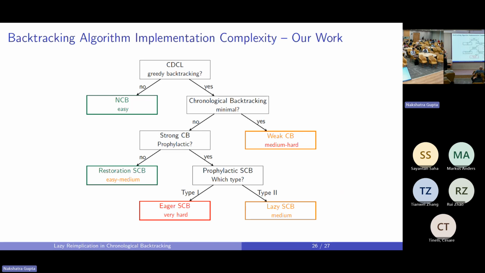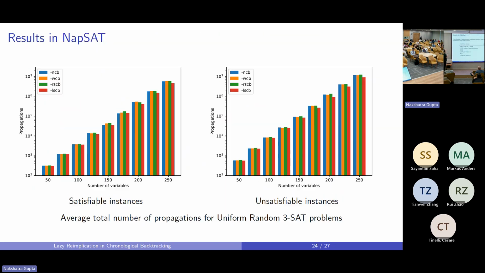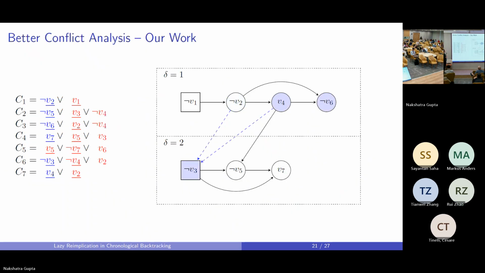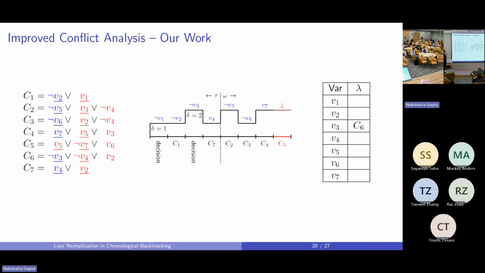Yeah. So you could also go all the way. But in this case, I don't think it would be a big problem, because when you don't do things eagerly, you will not have to deal with the chain of reimplications. If you reimply eagerly, you will have a bunch of stuff on the trail that will move. Considering the example here, if there was no conflict and you just reimplied v3, you would also have to reimply v5 and v7, right?